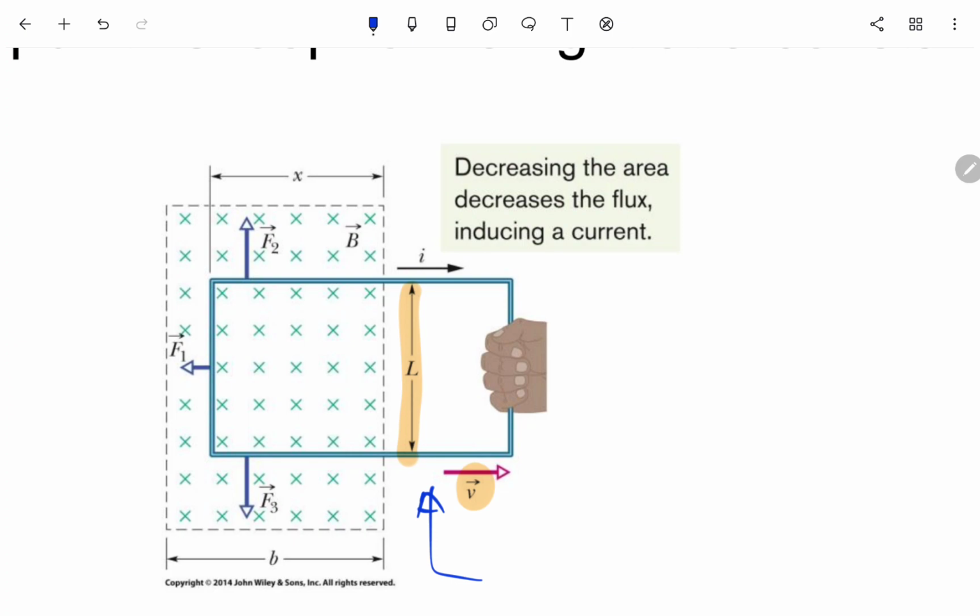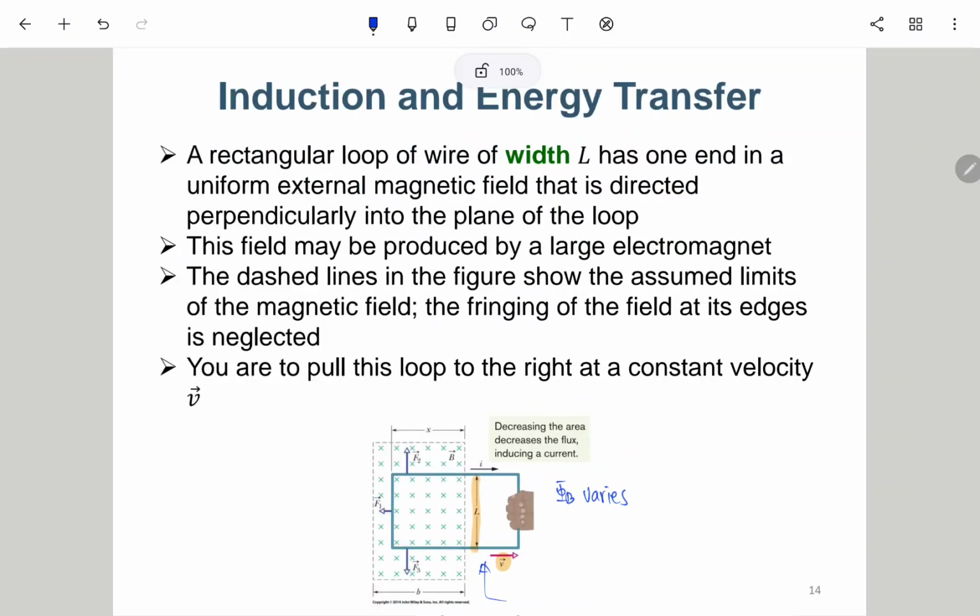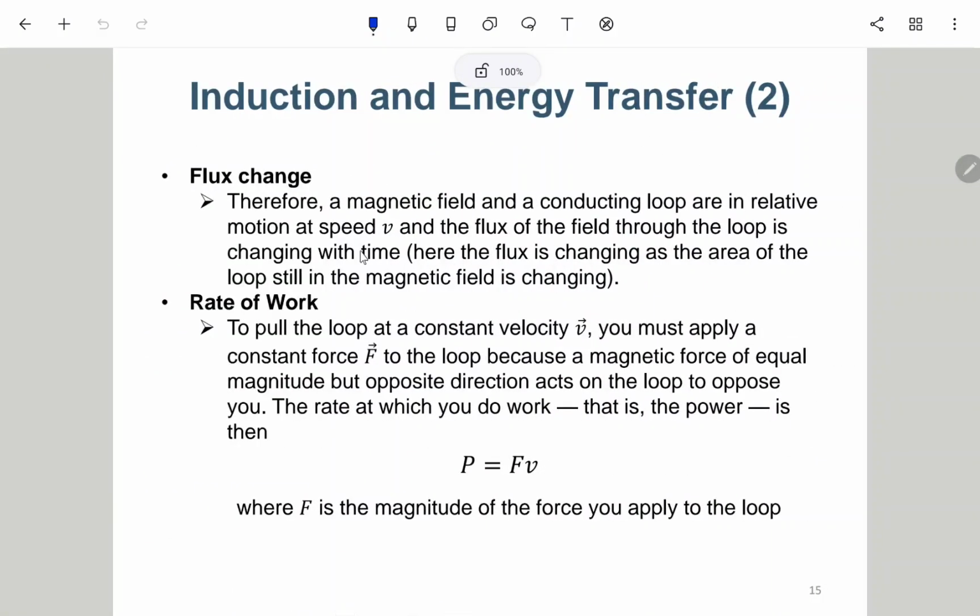This phi B varies as we are pulling this current loop to the right side. So there will be magnetic flux changing, and according to Faraday's law, there will be an induced electric field or induced current.